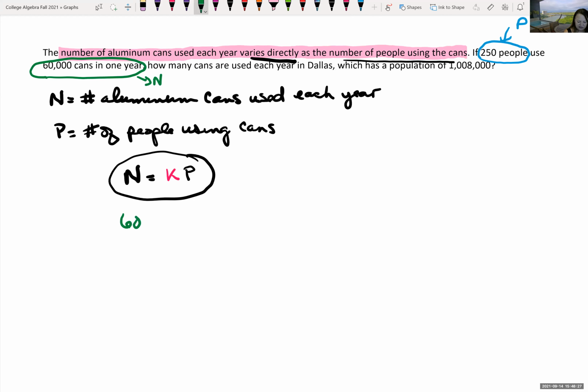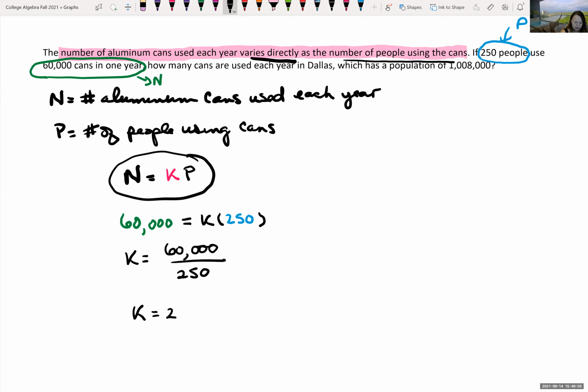So we have 60,000 is equal to K times P, which was 250. So I can see that K is going to be 60,000 divided by 250. So to save some time, let's just plug in the calculator. So 60,000 divided by 250. That gives us 240. So K is equal to 240.